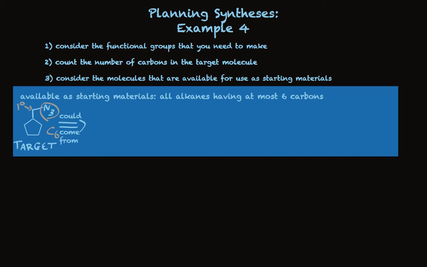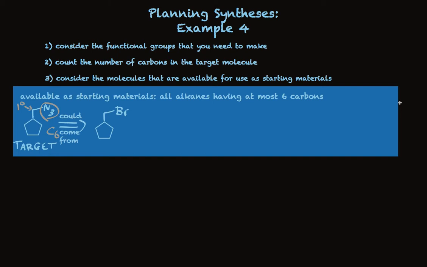Well, we've already mentioned that this is going to be an SN2 reaction that substitutes azide in the place of a good leaving group, and bromide's a good one because we know how to put it in molecules. Well, we need to know how to make a primary bromide then, and although we could make it with an SN2 reaction, that's not going to help us because we need to functionalize that carbon.